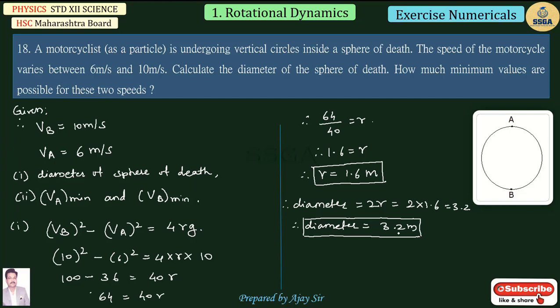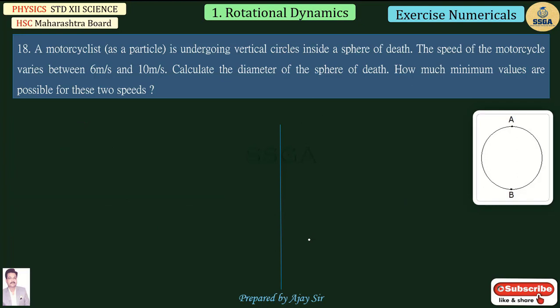Now for the second part, we have to calculate the minimum possible velocities at both point A and point B. The standard formula for the minimum possible velocity at the bottom point is the square root of 5rg.